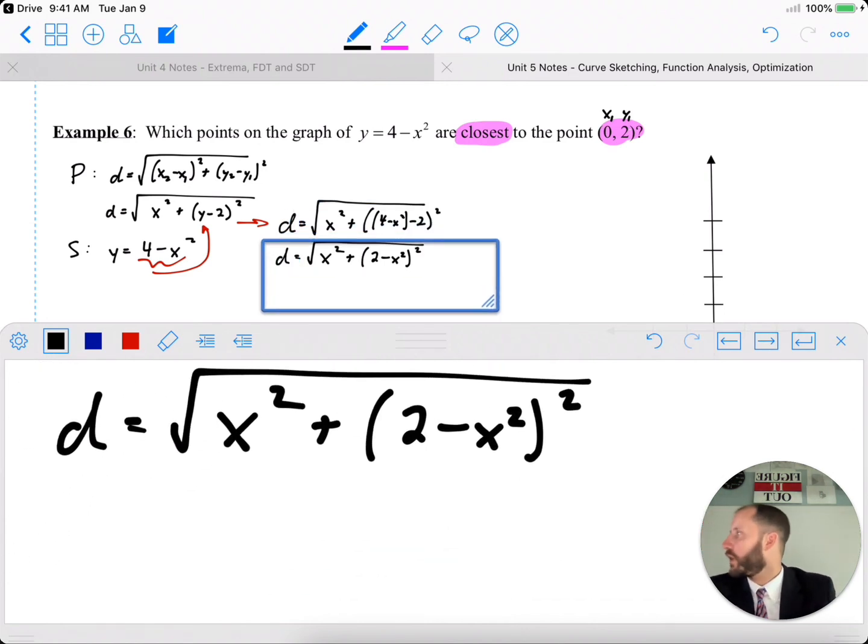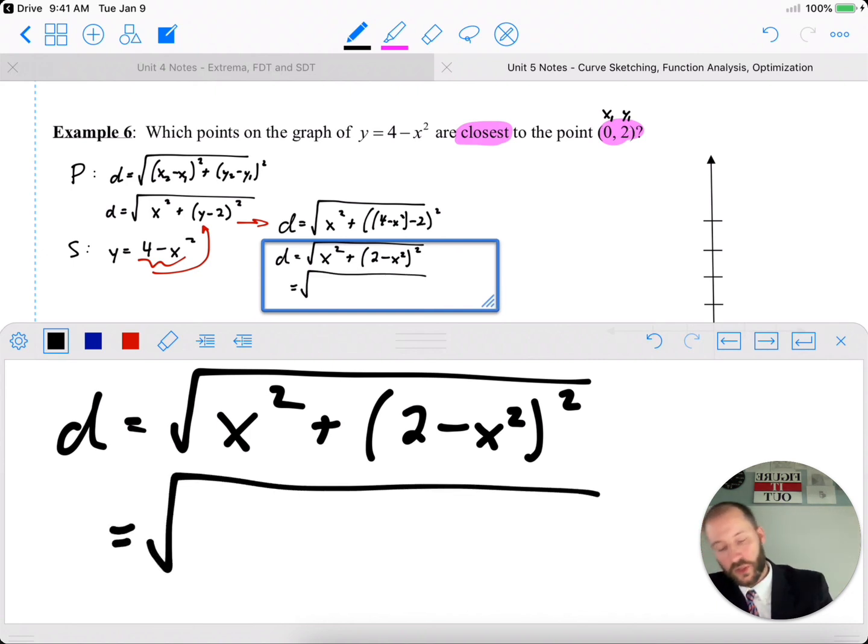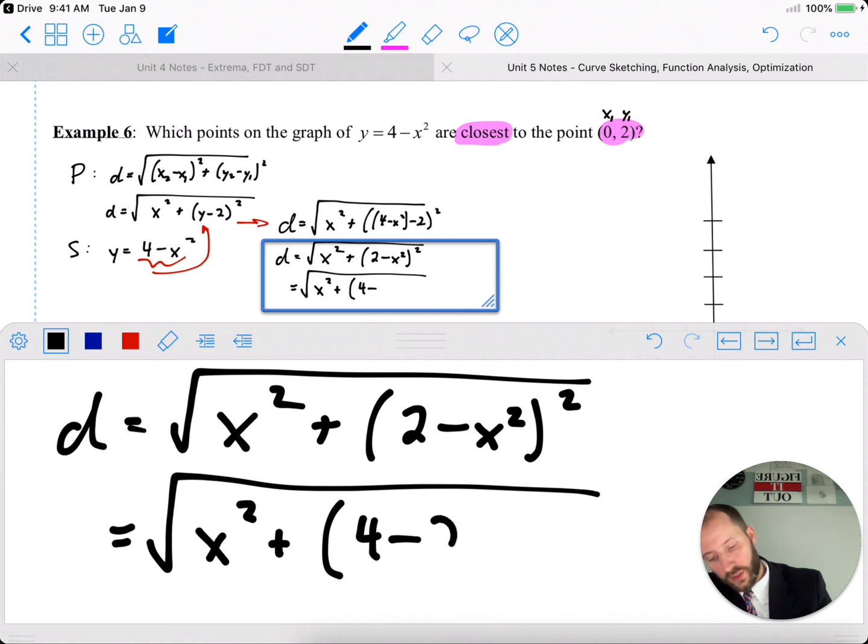Go ahead and expand this, to make what's under the radicand easier to work with. So x squared plus 4 minus 2x squared plus x to the 4th.